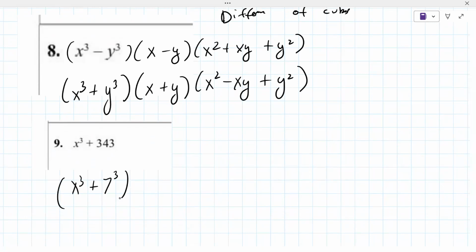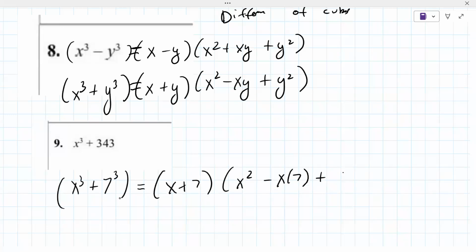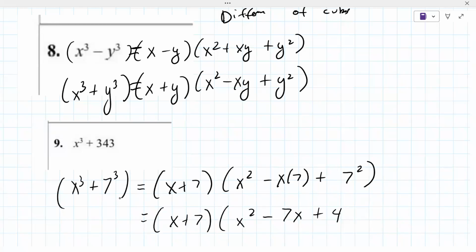So this becomes x plus 7, times x squared minus x times 7 plus 7 squared. And then you should simplify: numbers come before letters, and 7 squared is 49. That would be good to do. Got it.